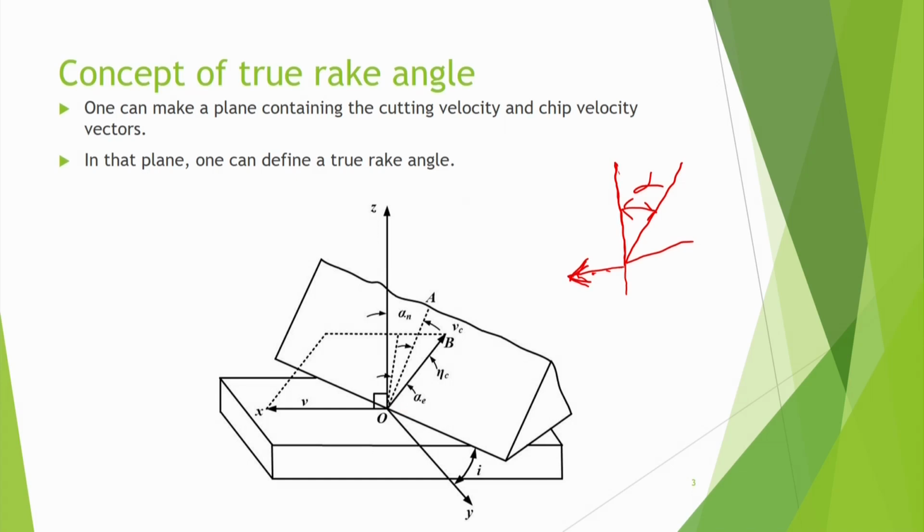On the normal plane, if you show the inclination of the surface from the perpendicular to the cutting velocity, that is called alpha n, which you already know.